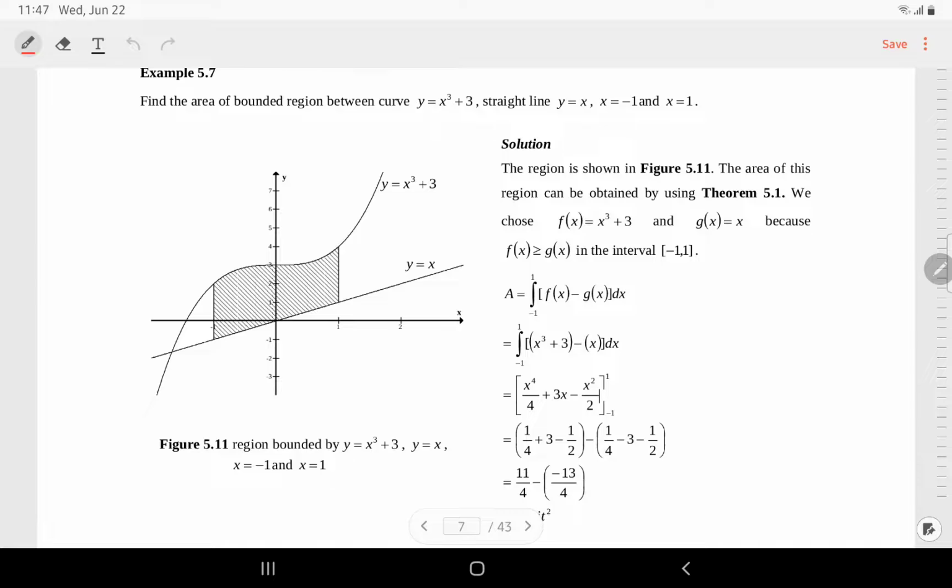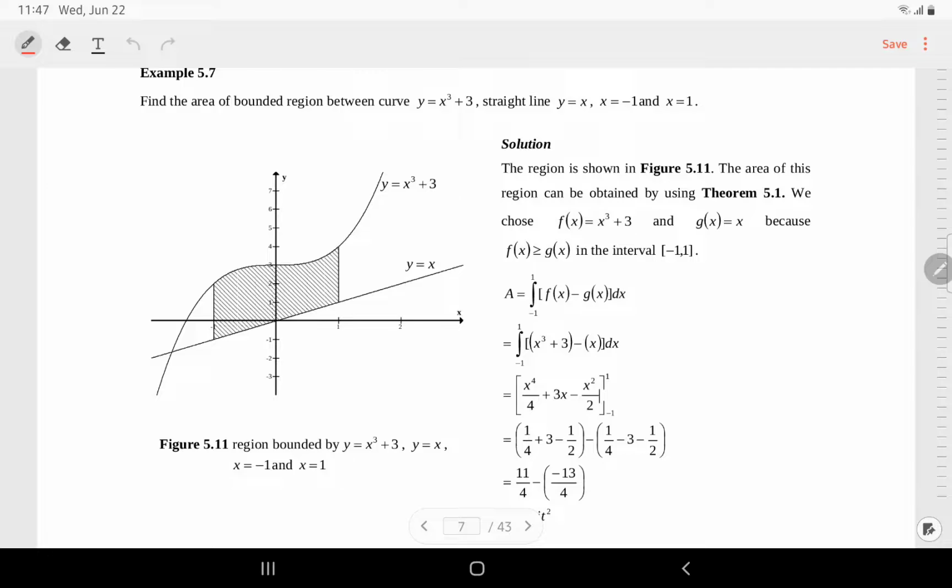Ini masih x-axis. Okay, you all boleh tengok dekat sini. Area yang bawah ni adalah bahagian bawah x-axis. Yang ni pula semua atas x-axis. So, untuk cari area yang belah atas ni kita guna formula lain. Belah bawah ni kita guna formula lain. Okay, kena pecahkan kepada dua.